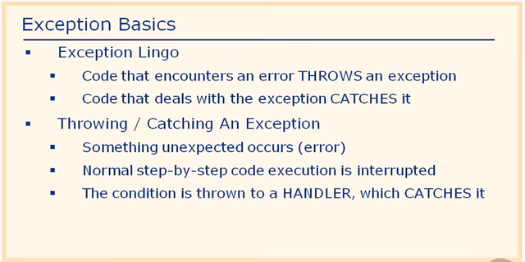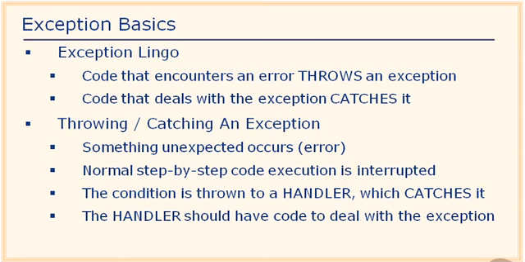It bubbles up through whatever called that function, to whatever called that function, to whatever called that function, looking for somebody to handle this odd thing that happened. If it's gracefully handled, the condition is thrown to a handler. Notice there's that word throw again. The handler catches it, and the handler should have some code to deal with the exception.